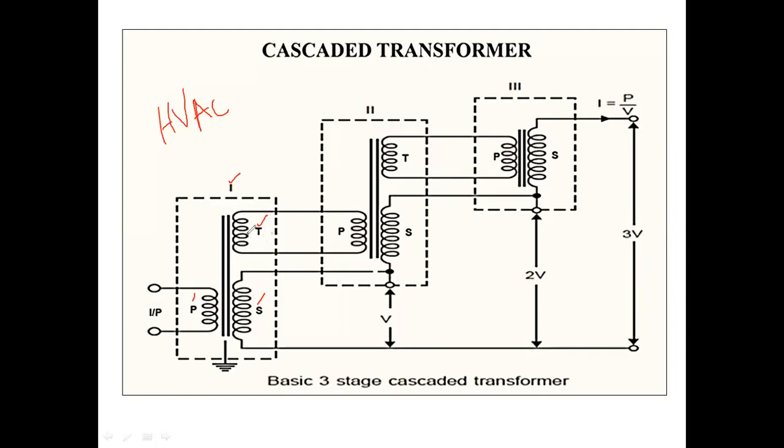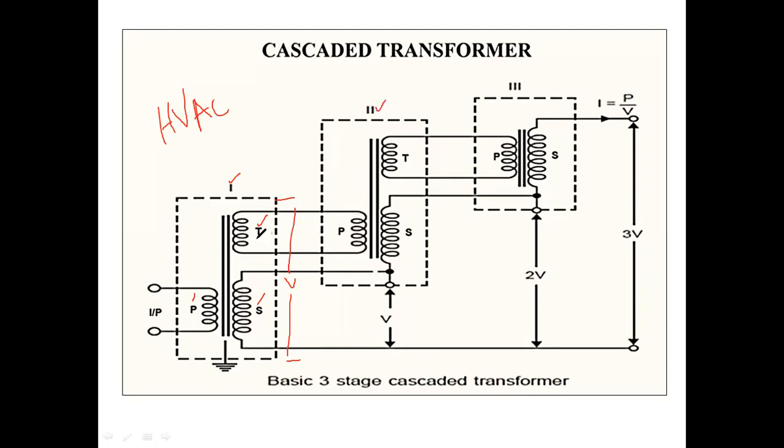Let's suppose we are getting V voltage from the secondary side of this transformer T1. Now this V voltage will be given to the second transformer.